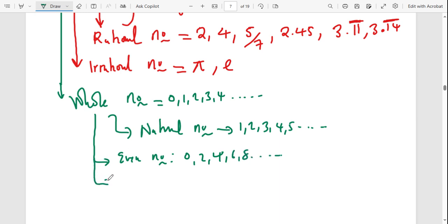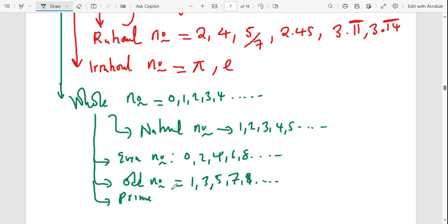And then we have odd numbers, which is basically 1, 3, 5, 7, 9, and then you continue. We have also prime numbers, which are numbers that can only be divided by 1 and itself. So 2, 3, 5, 7, 11, and such. Okay, so this is a set of numbers.